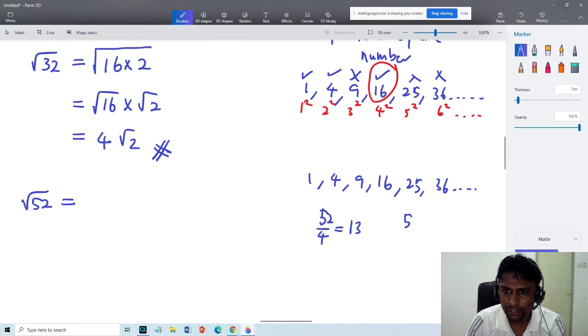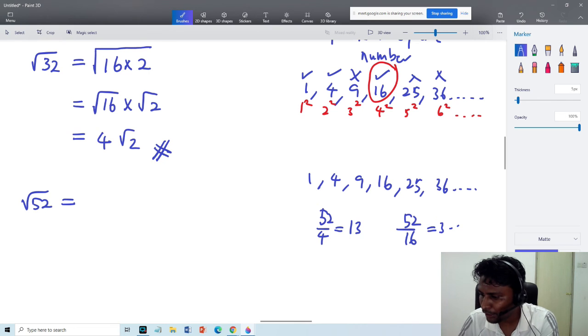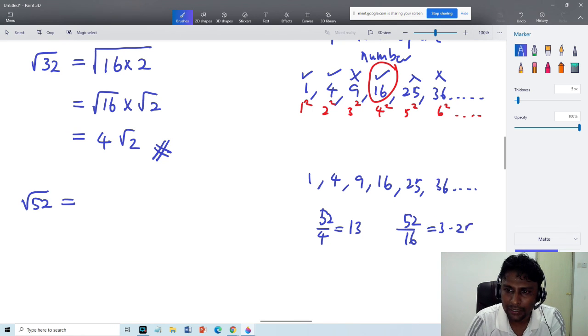Dividing by 16, you get 3.25, which cannot work, because we need to get a whole number. So 16 does not work here. Only the largest number that works here is 4.